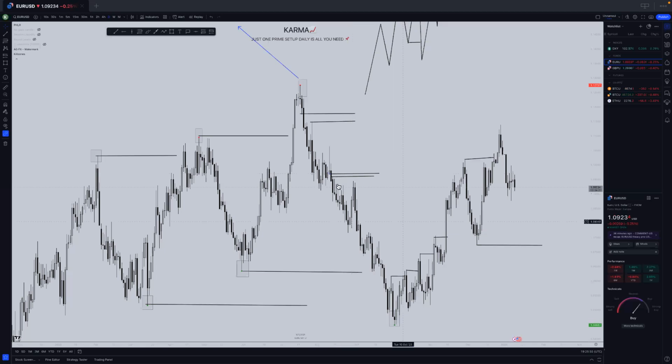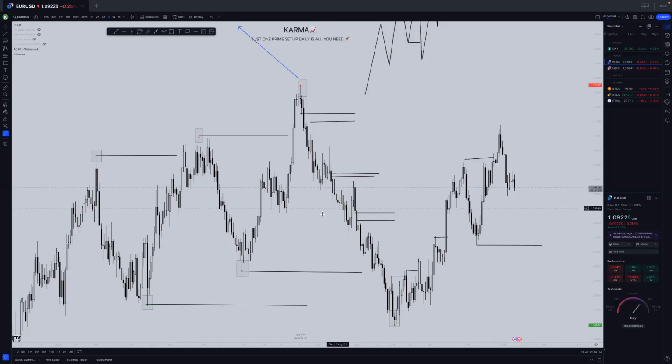So we have it there. We have it here too. A wick to wick. Now, those are our reference points. That area is our reference point.